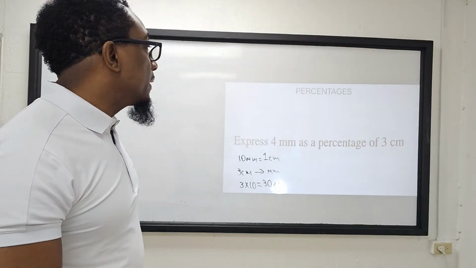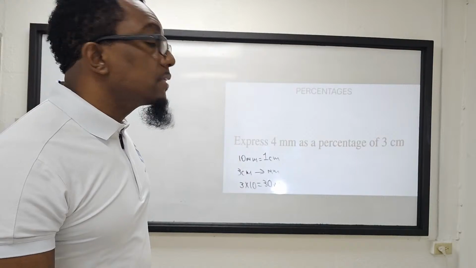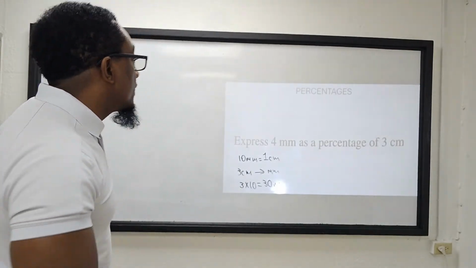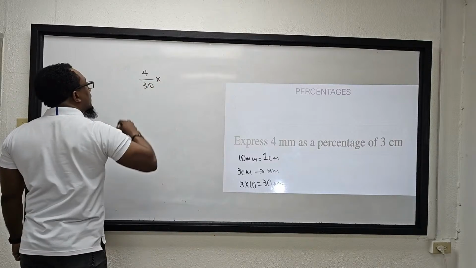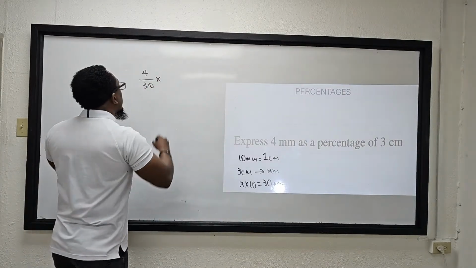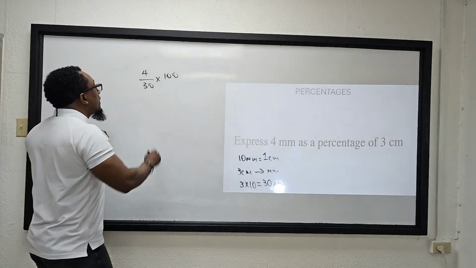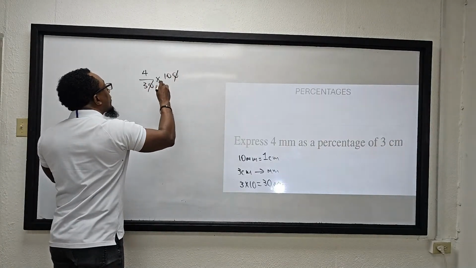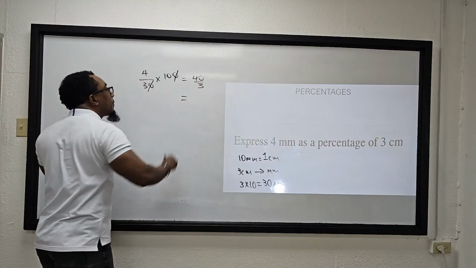So if I have to express 4 millimeters as a percentage of 3 centimeters, or 30 millimeters, then this would be 4 over 30 times 100. Which will give me 400 over 30, that is 40 all over 3.